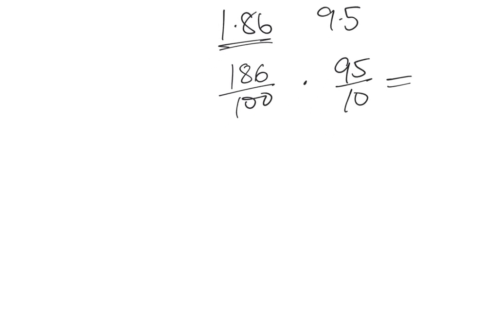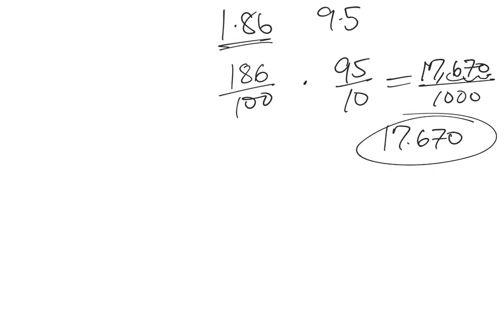And remember, when you're multiplying, you don't need to have a common denominator. So we have 186 times 95, which is 17,670 divided by 1,000. So now you move the decimal place 3 places to the left, and you have 17.670. So that would be the answer to that problem.